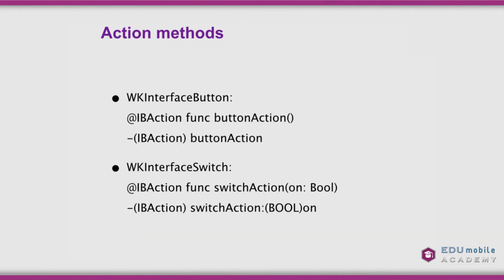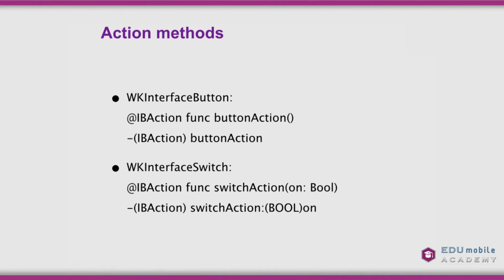I also do this for action methods. WKInterfaceButton is a little bit different than UIButton. With UIButton, we get back sender, which is either going to be AnyObject in Swift, or it's going to be the UIButton itself. Here we do not. So @IBAction func buttonAction with no arguments.